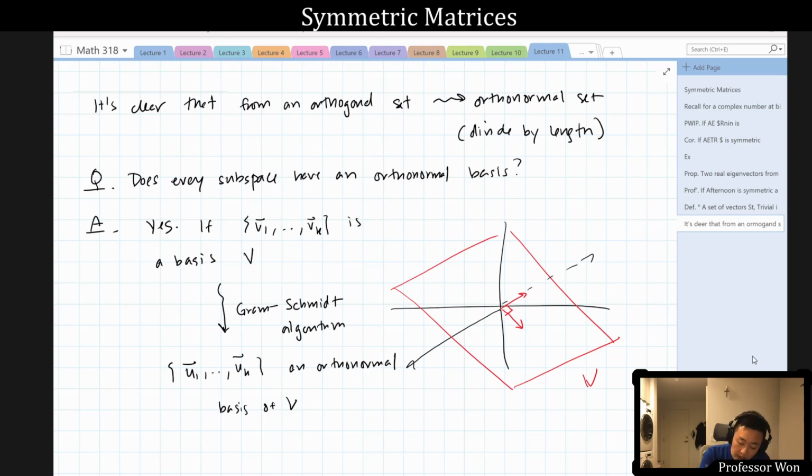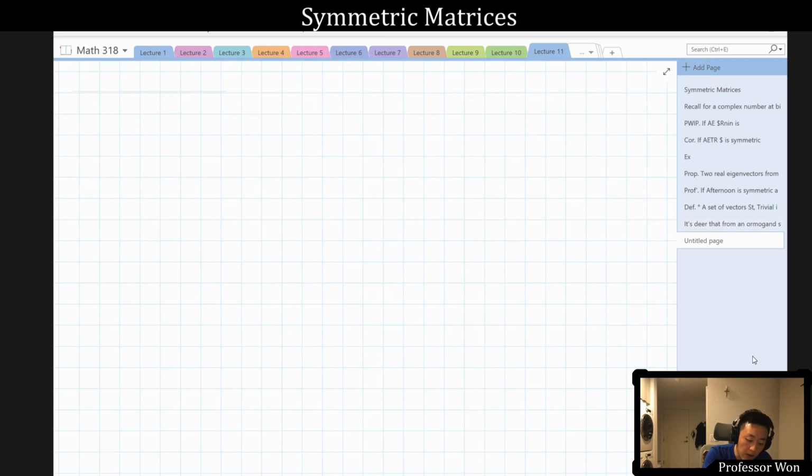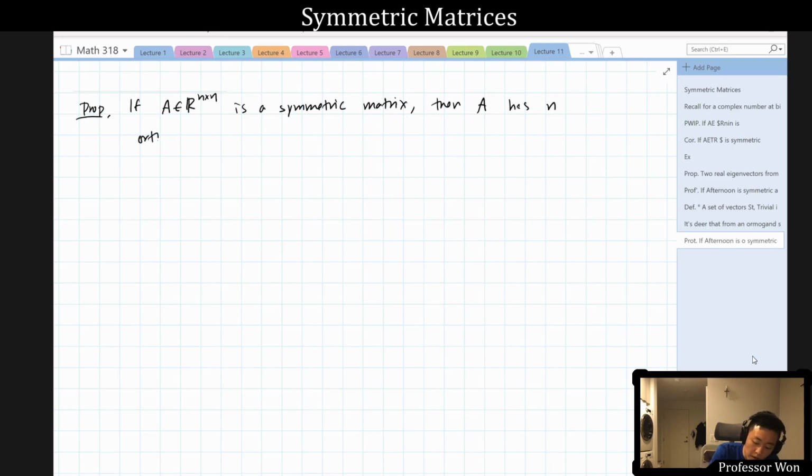So let's accept this as a fact, in order to get the following result. If A is a symmetric matrix, then A has n orthonormal eigenvectors.